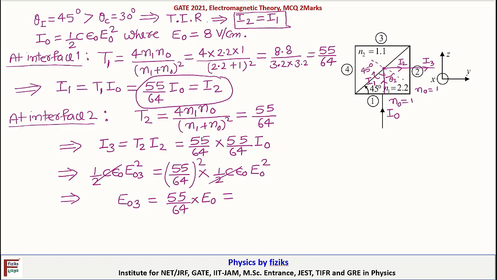E0 we know 8 volt per centimeter, so this is 55 by 64 into 8 volt per centimeter.